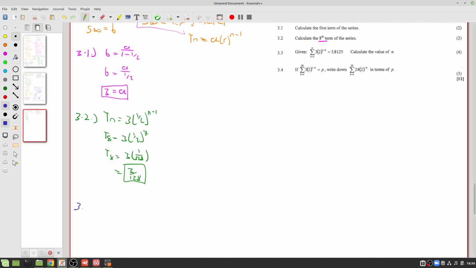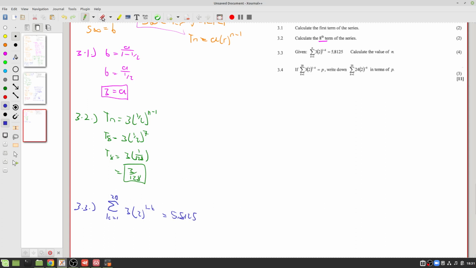Okay, so 3.3, we're told, given that the sum, I'm just going to write this down again, the sum of all the terms from k equals 1 to k equals n of 3 times 2 to the power 1 minus k equals 5.8125, then we have to find the value of n.